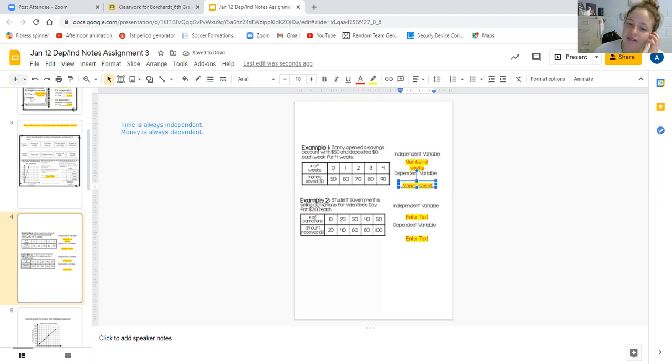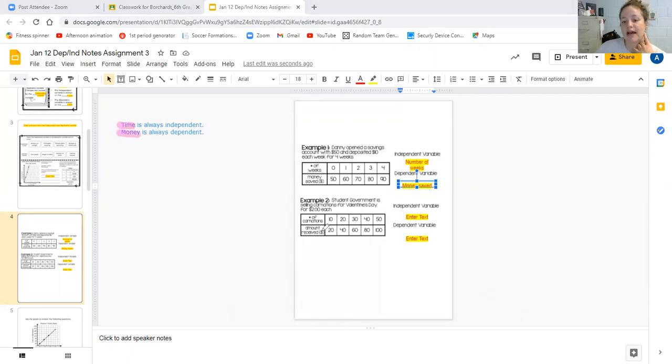Okay, so now that we have that, let's go into example 2 and talk about our independent and dependent variable there. In this one, they say student government is selling carnations for Valentine's Day for $2 each. Okay, so we have number of carnations and amount of money sold. Now remember, we have some key words that we've talked about: time and money.